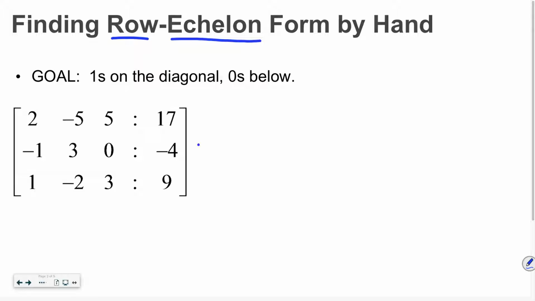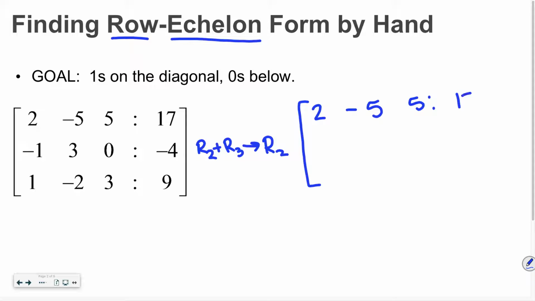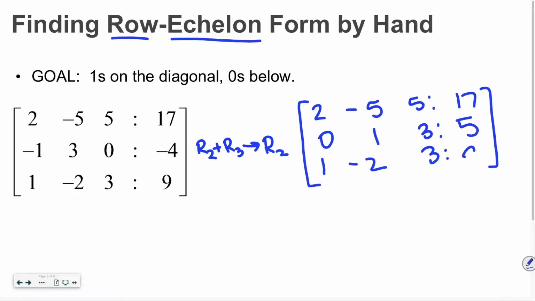So you want to take row 2 plus row 3 for your new row 2? Yep. Okay, so if we add those two together, we would get 0, 1, 3, 5. Okay? And really, row 2 is good now, isn't it? We want it to be 0, 1, and that's what we have.